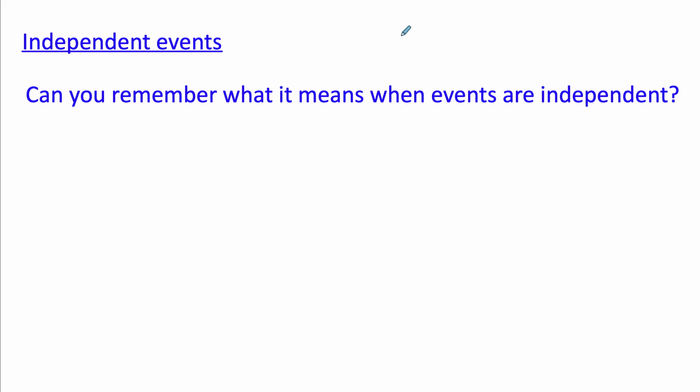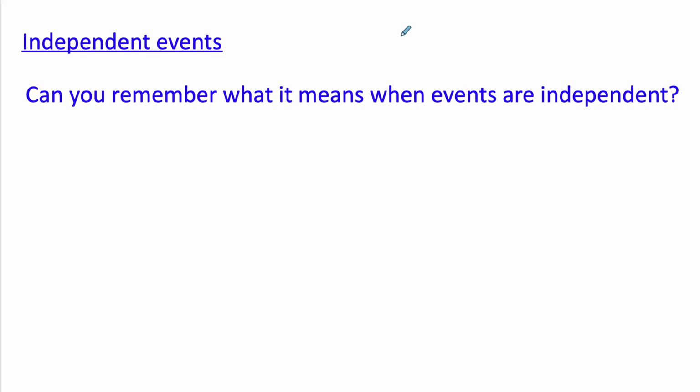Okay, so independent events are events where the outcome of one event doesn't affect the other events and their probabilities. So if I flip a coin twice, the outcome of the first flipping of the coin, whether that's a head or a tail, has absolutely no impact on the second flip of the coin.